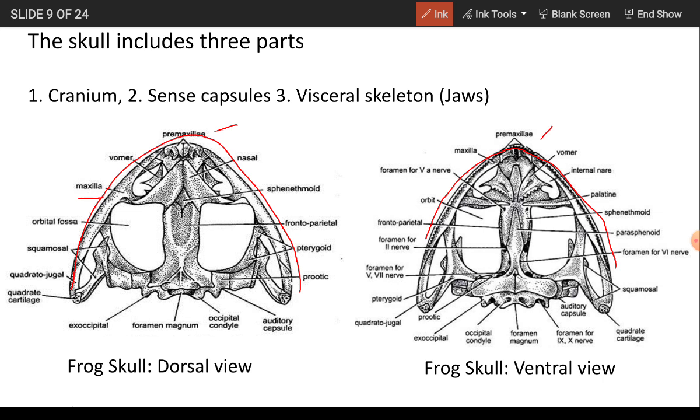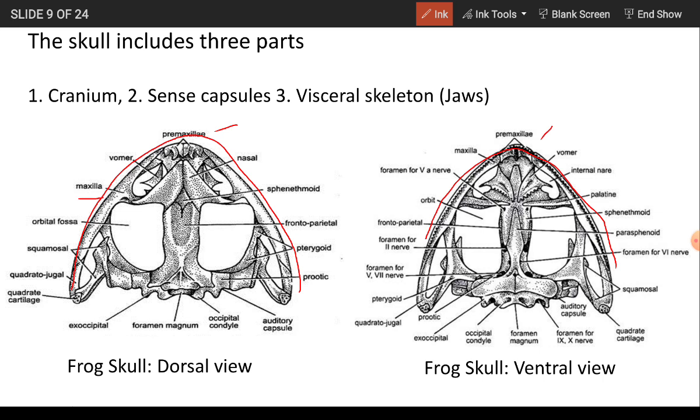It is long, thin and slightly curved with backwardly directed conical teeth. That is the maxilla. The maxilla, the second part of the upper jaw, is connected behind with the quadratojugal at the middle of its length.